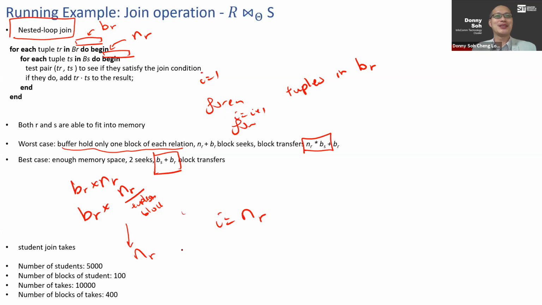I don't know if I can say this properly, but what is happening is that this access runs for NR number of times. Am I making sense?